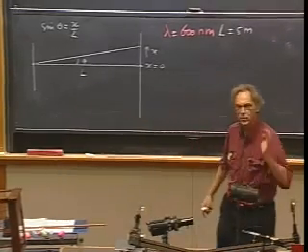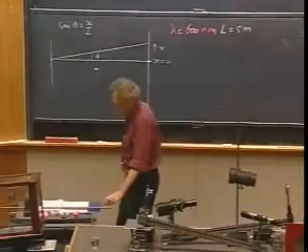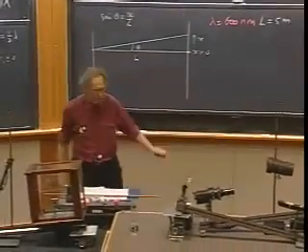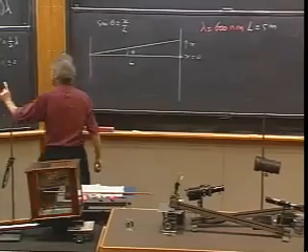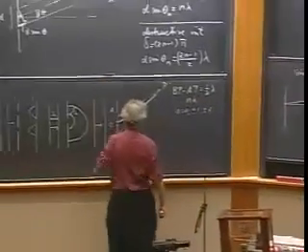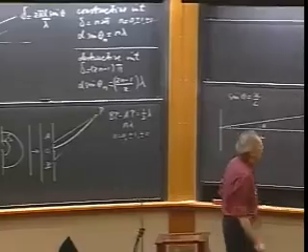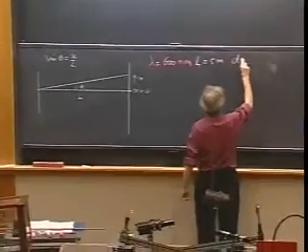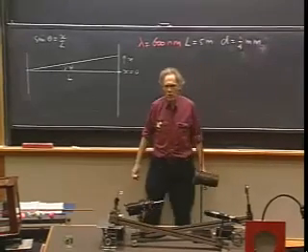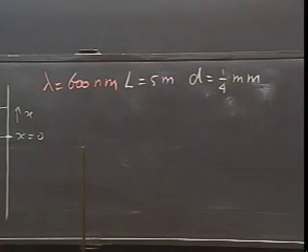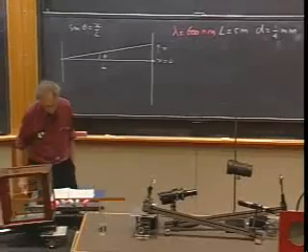And we have light from a red laser, which is a little larger than 600 nanometers, but I just want some round numbers. And the separation here, d, between the two slits is 1/4 of a millimeter. Now, you may think that that is rather small. Well, you will see that that's what you need. You need very small values of d to even see this phenomenon.